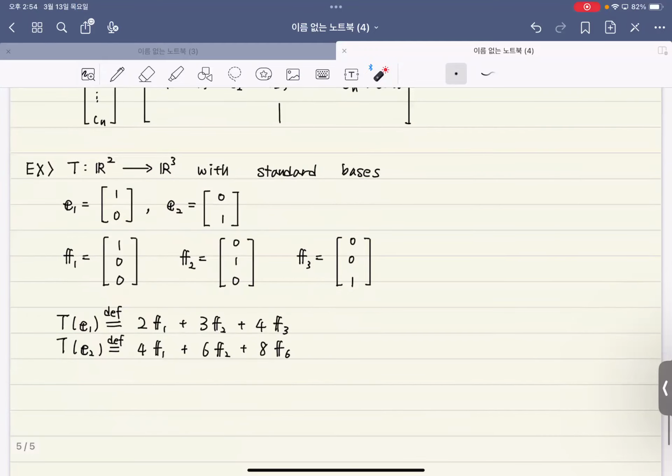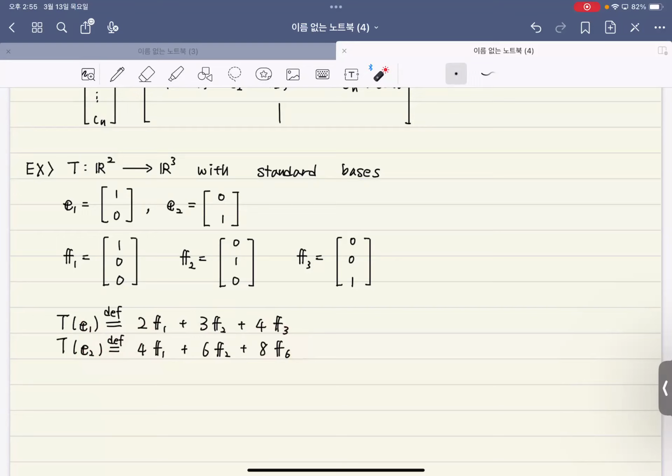Declaring the images of the basis vectors of the domain suffices to specify the entire linear transformation. So I have defined T of E1 to be this and T of E2 to be that.